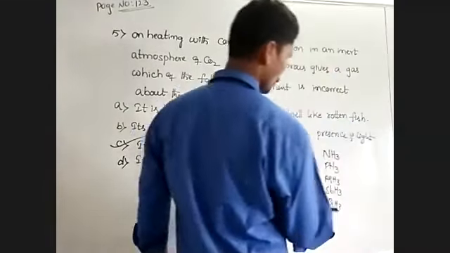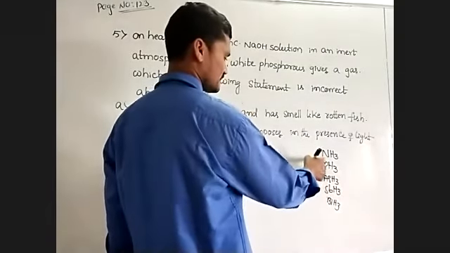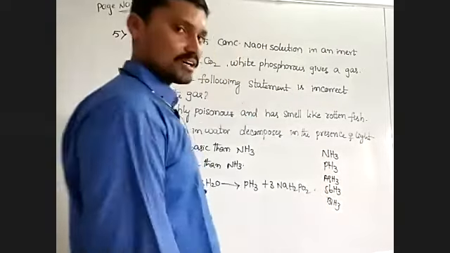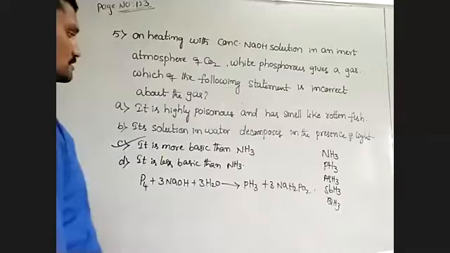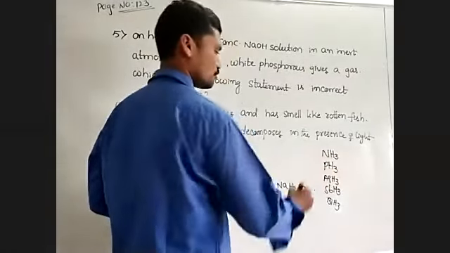On moving down the group from nitrogen to bismuth, as the size of the central atom increases, electron density decreases, so basic nature also decreases. So phosphine is less basic than ammonia.